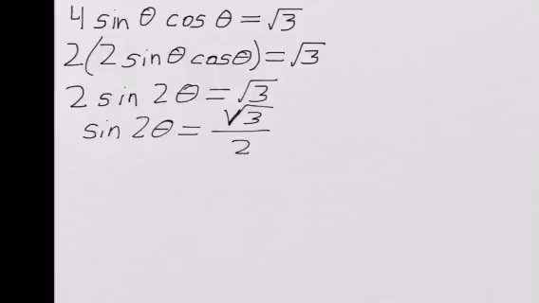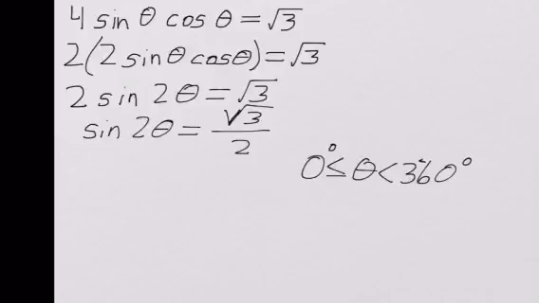So now, before I solve this any further, let's take a look at the interval that we've been solving these in. 0 degrees less than or equal to theta, strictly less than 360 degrees.